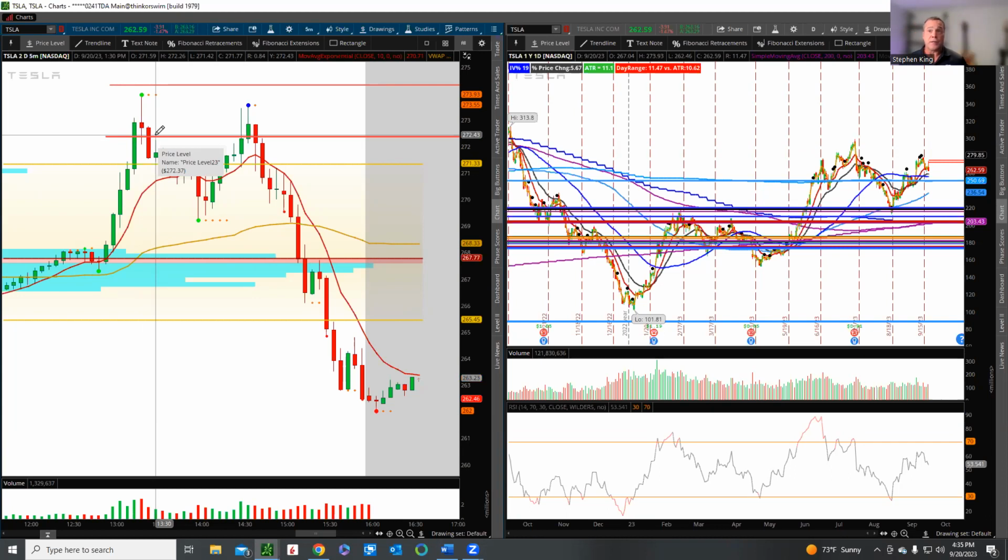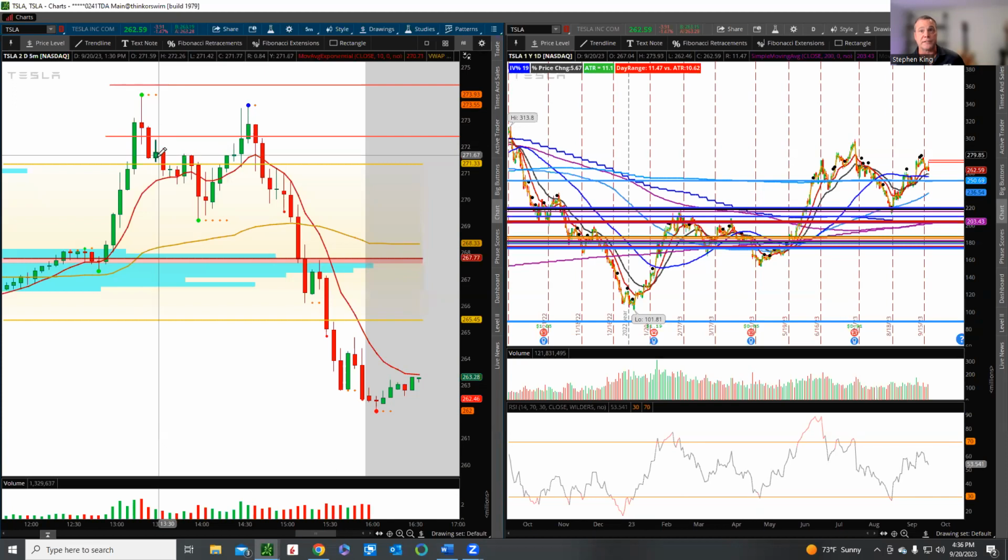Because here's how I know that I'm right on the setup: if I get a nice wick up into that level and then it rolls. If it comes down here and all of a sudden I start getting solid candles coming back up, right? It's too soon.